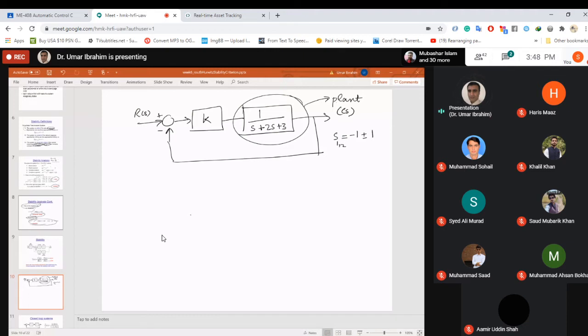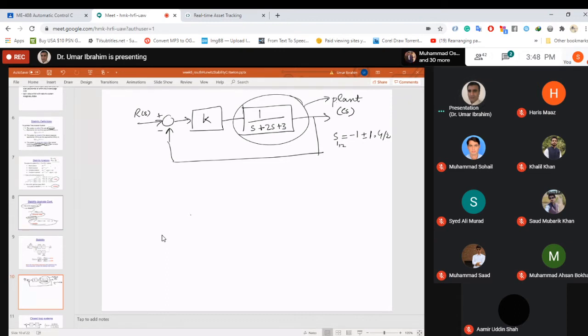Plus minus root 2 will come, 1.41. Okay, 1.41, doesn't matter.